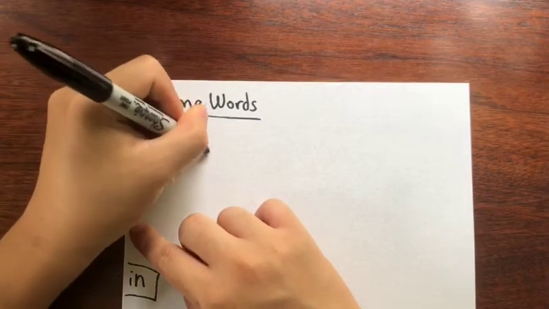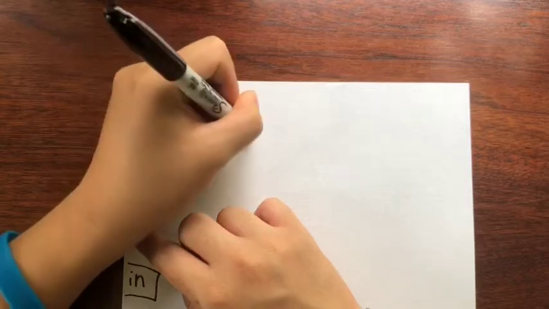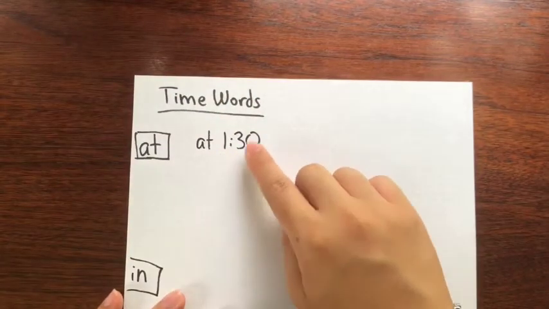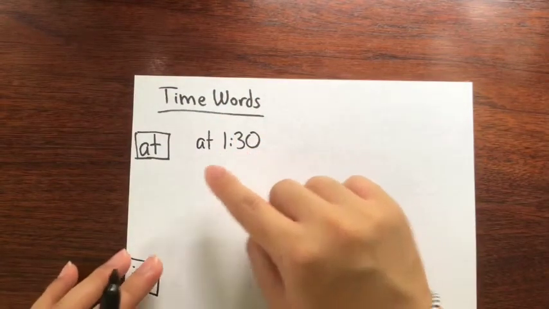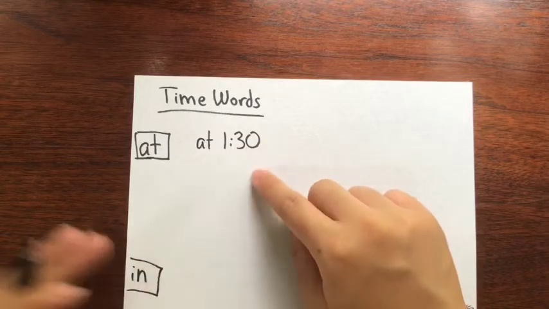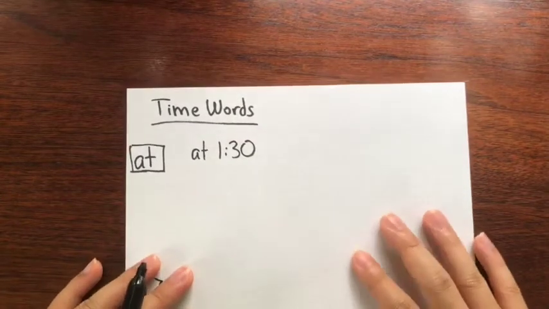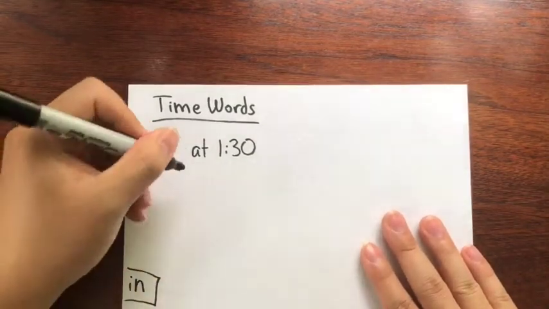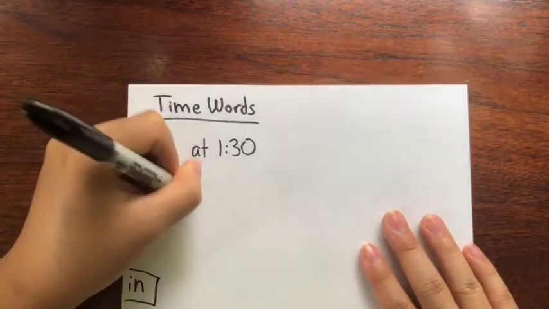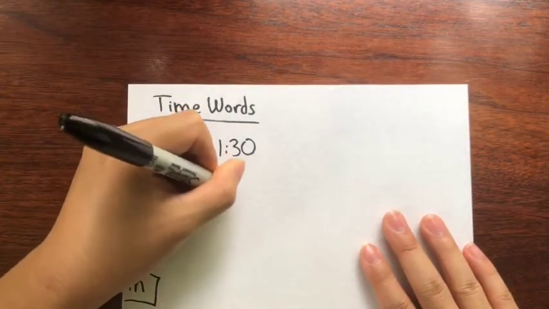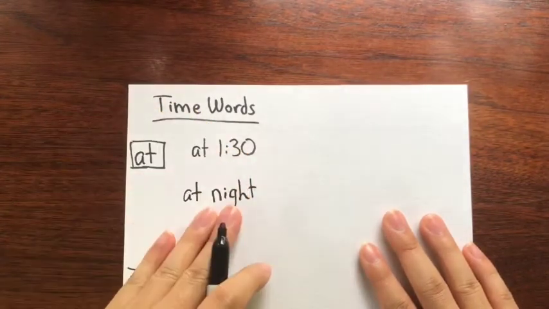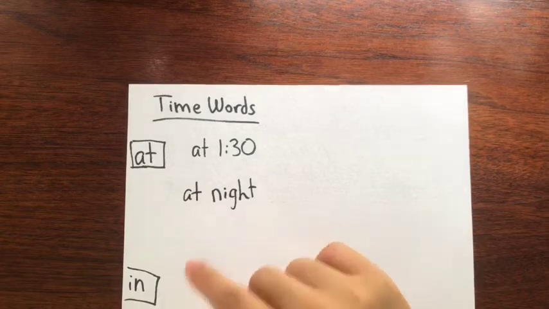So we say at 1:30. If we have the time, we use at 1:30, at 8, at 12:45. We use at. We also use at for the word night. At night.